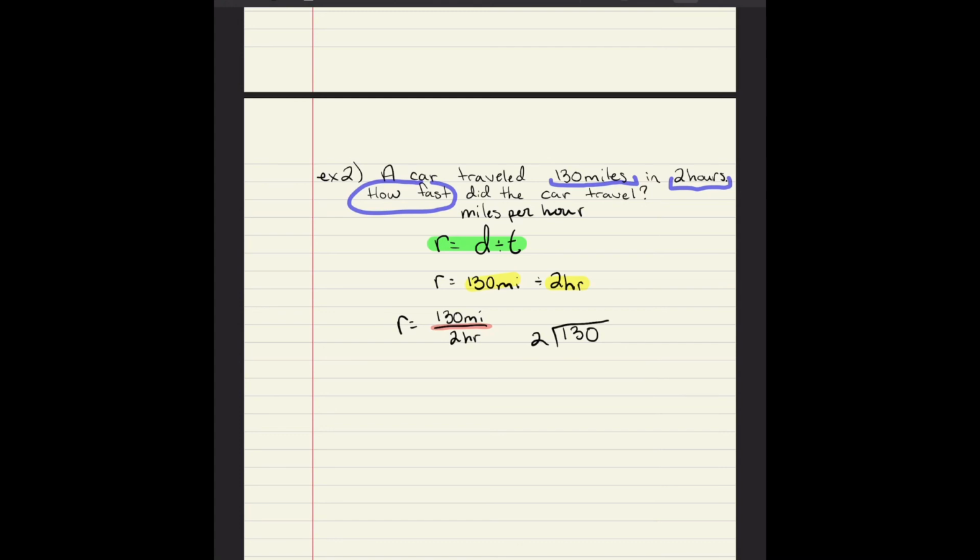So it's a combination of 2 units. That's why we don't have to cancel any units out here, because miles per hour is a combination of both of those. So we're combining them by doing this division. So then rate equals 65 miles per hour.